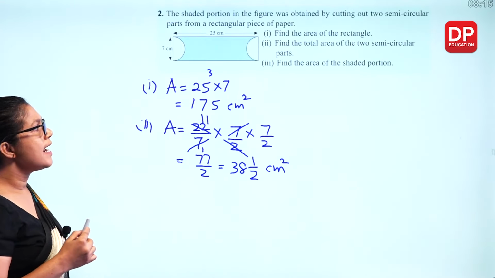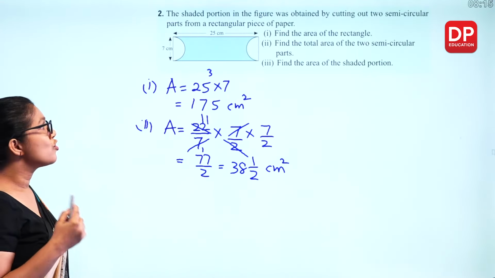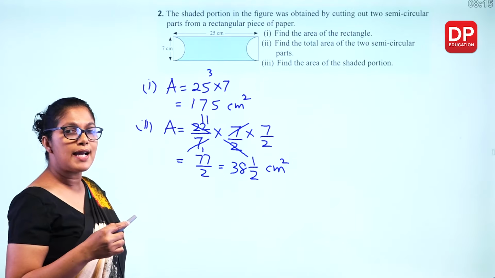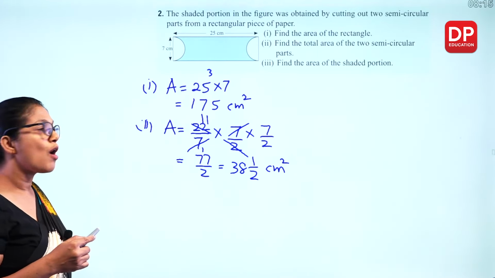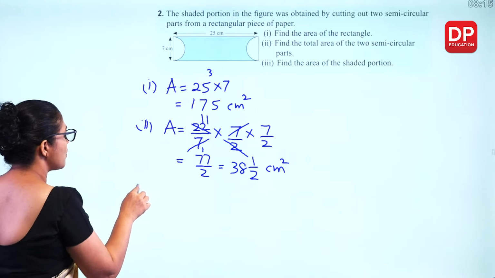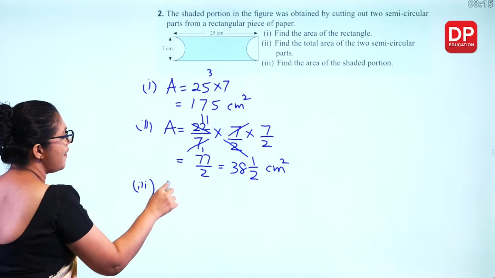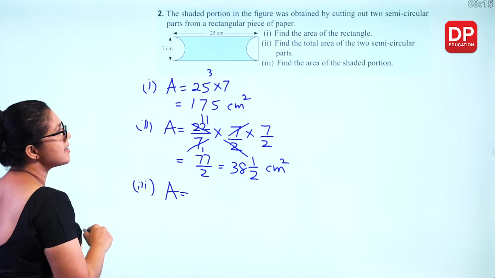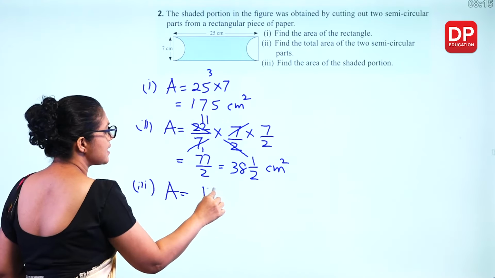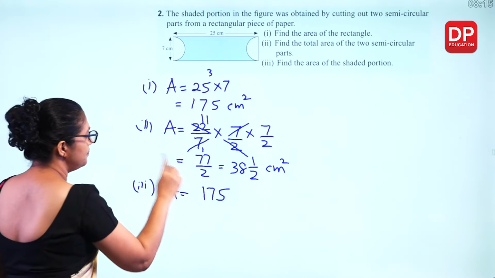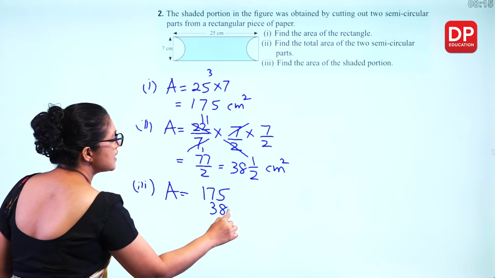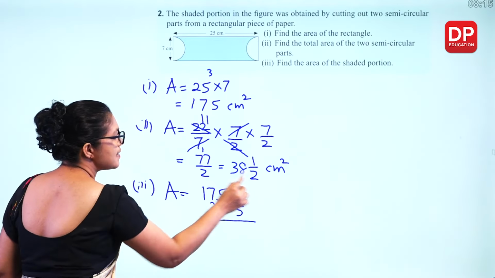So find the area of the shaded portion. The shaded portion you get by subtracting the area of the circle from the area of the rectangle. So the area of the shaded part is the area of the rectangle, 175, minus the area of the circle, 38.5 as a decimal.